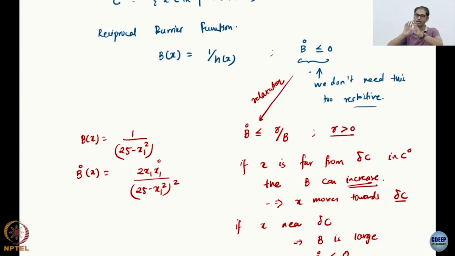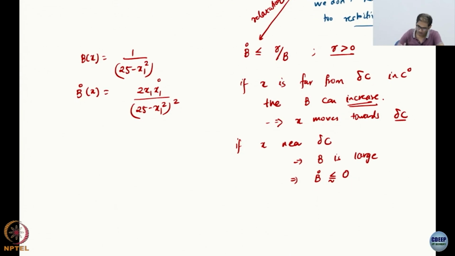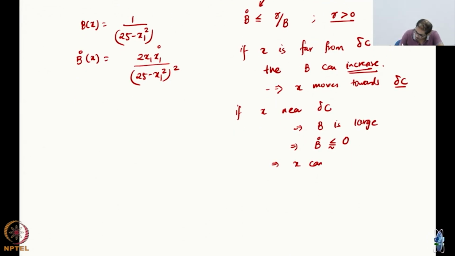But as you start getting closer to the boundary of the set, this growth stops, which implies x cannot escape C. And this is not difficult to show. These folks have actually shown it.